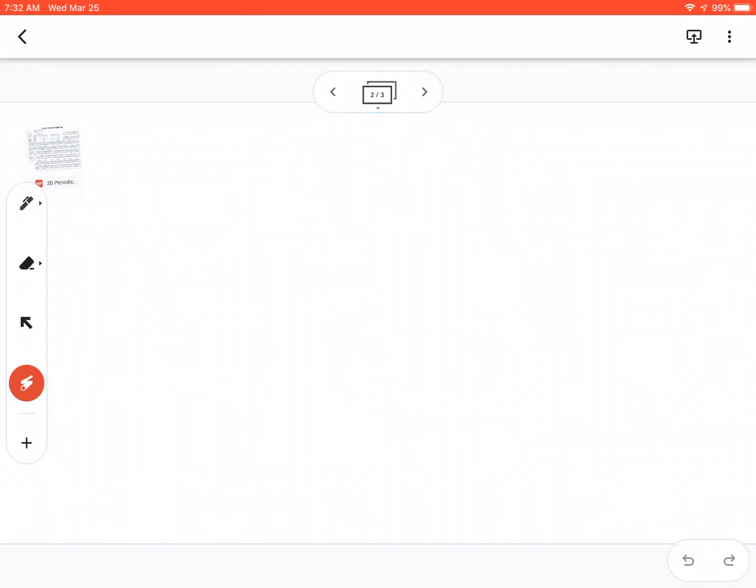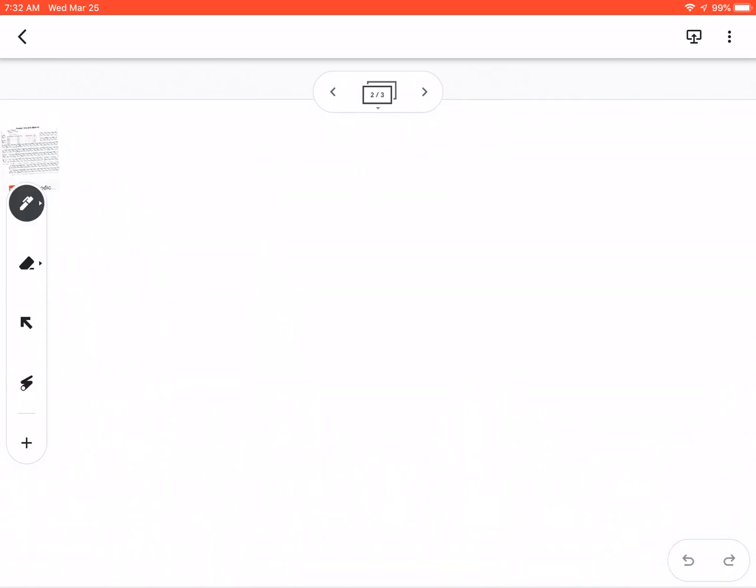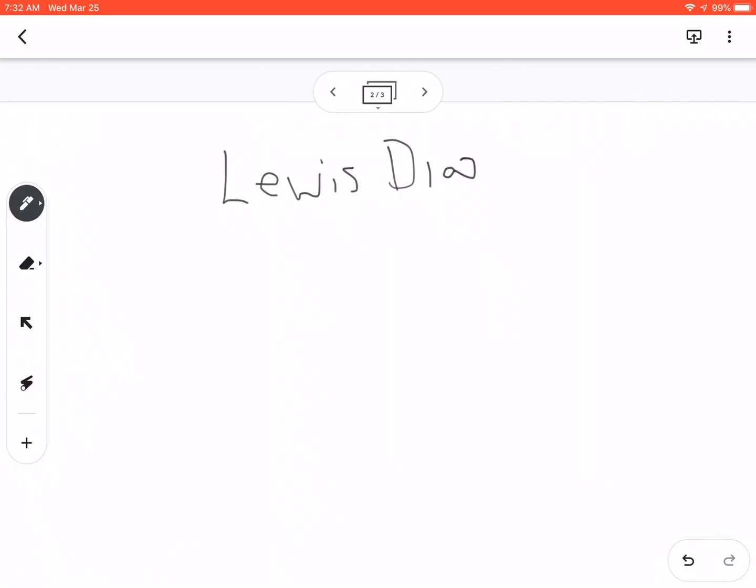So at this point, let's talk about what a Lewis diagram is. You can write this down as a note. Lewis diagram. And again, the name Lewis is just after the scientist who created this.